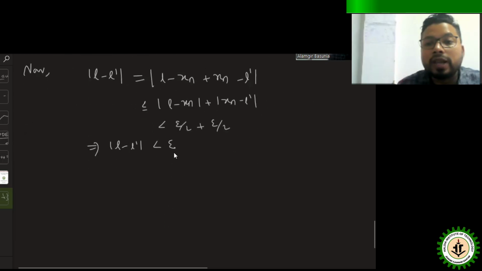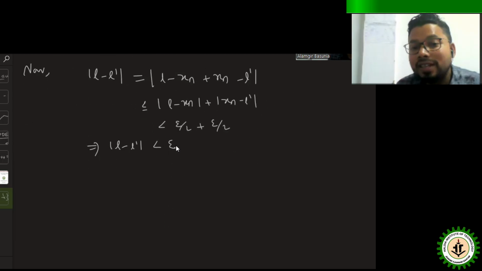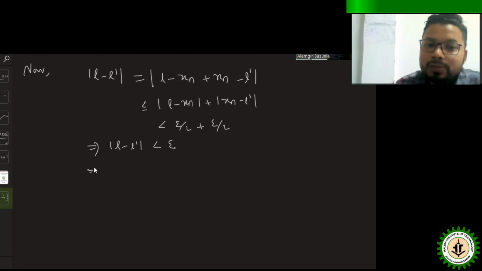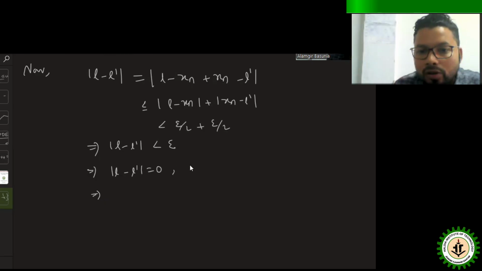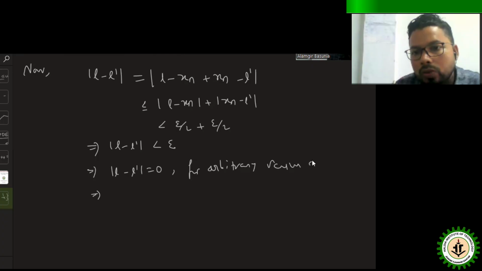This happens for every epsilon greater than 0, any arbitrarily chosen number, so it is always less than epsilon. So it implies mod of L minus L prime must be 0, for arbitrary epsilon greater than 0.